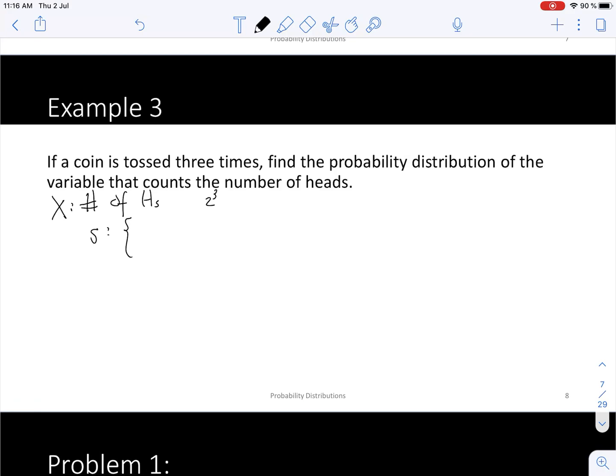Alright, then the sample space is given by all the possibilities. Let's say that we don't have heads, so in the 3 times you get a tail. In the second one we might have 1 head, so let's write down all the possibilities with only 1 head.